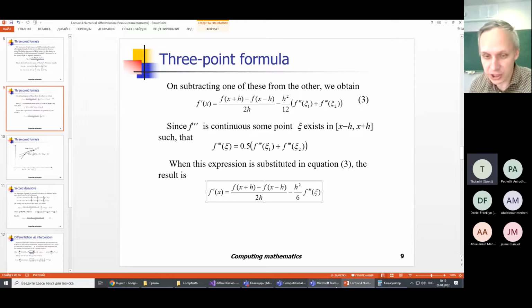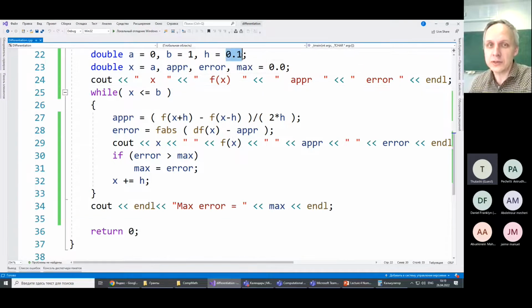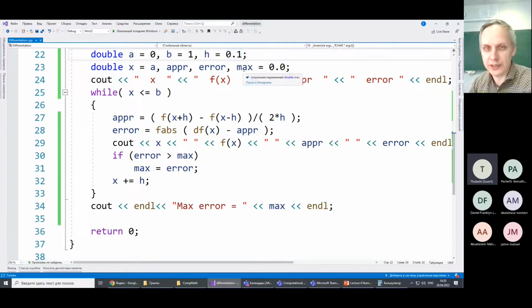Let's check this theoretical estimation. h equals 0.1. What is the largest error? 0.0016. It approximately equals 10 to the power minus 3. Let's recall this. After that, I decrease the step 10 times.